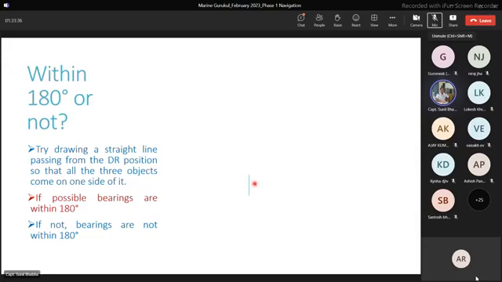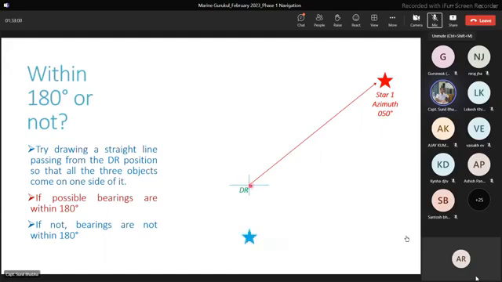We make a small diagram, rough diagram. First we plot the DR position. You can see the DR position coming up on the screen. Then we plot the three celestial bodies and their azimuth. We have the red star, which is star number 1 at an azimuth of 050. You can see the azimuth coming up on the screen.